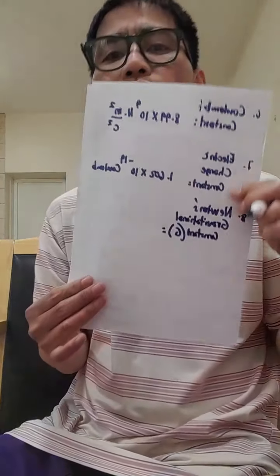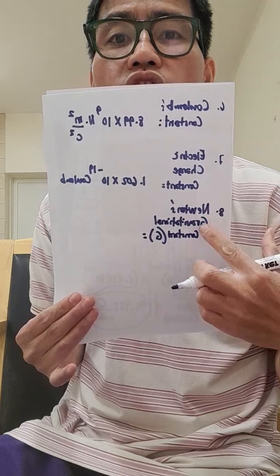Now number 8, we need to get the Newton's gravitational force constant, represented as capital G. Newton's gravitational constant.